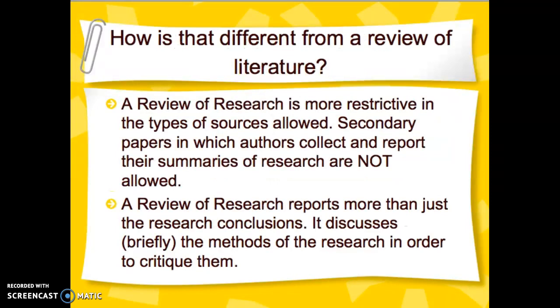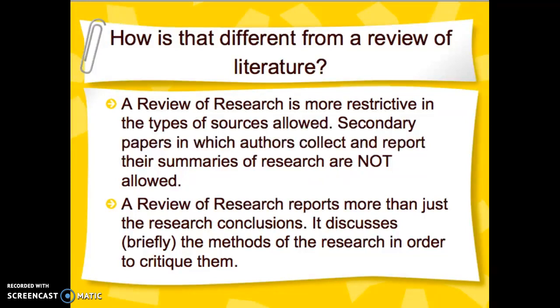So, how's that different from a review of literature? Say a review of literature you might one day be doing in a culminating experience or a thesis. The review of research is a bit more restrictive in the kinds of sources you're allowed. You may not use secondary sources in which authors summarize somebody else's research.